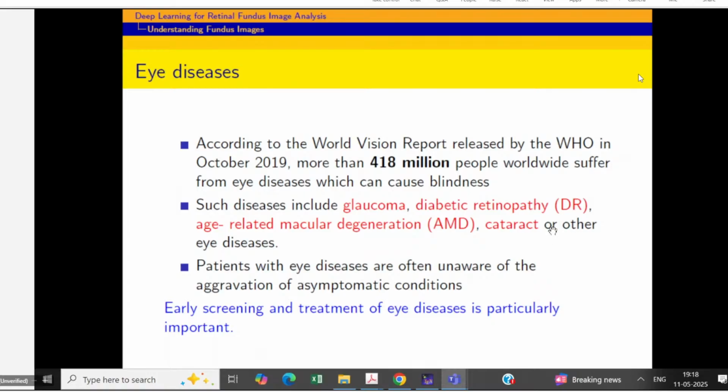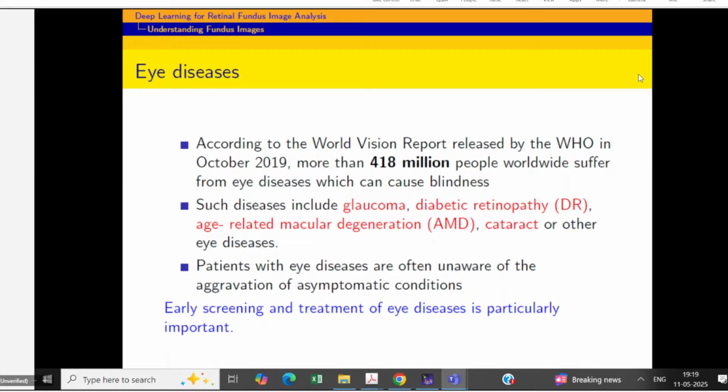So there are certain issues, which I will discuss while describing glaucoma. Patients with eye disease, when they are in the early stage, are unaware of their initial conditions, because some of the diseases are asymptomatic during the initial times. We'll talk about it later on.